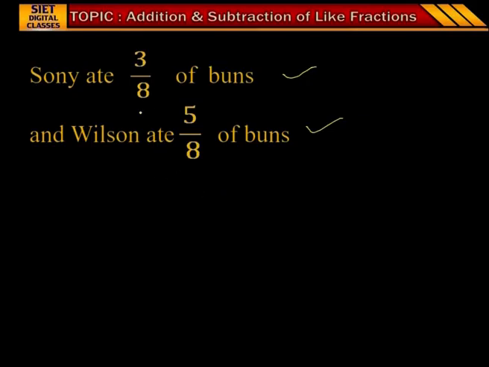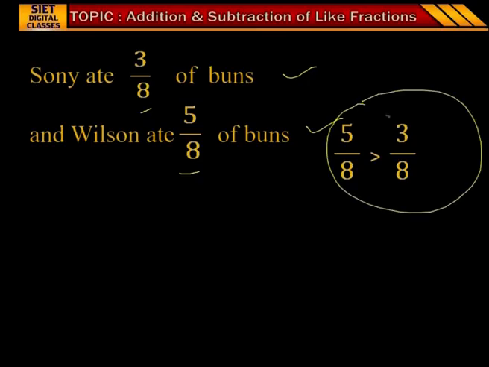Why? Because these two fractions are like fractions having the same denominator, 8. So, 3 by 8 and 5 by 8 are like fractions. So, we compare numerators. When like fractions are given, we compare numerators, and the answer is 5 by 8 is greater than 3 by 8.